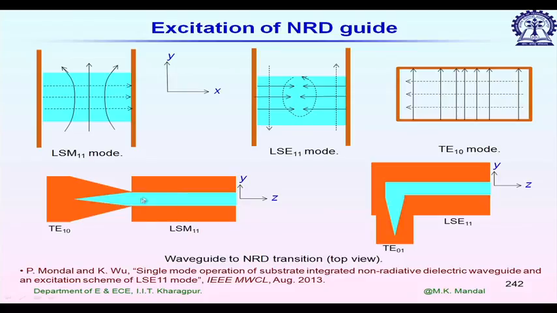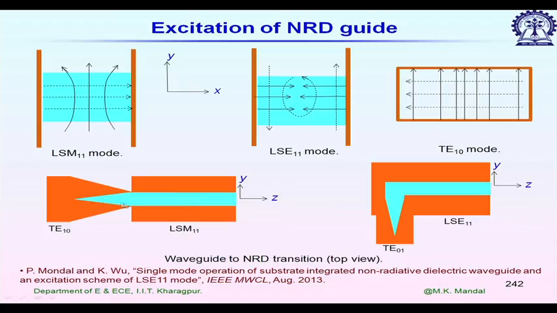This shows the top view actually; I am showing a cutaway view. You see the LSM11 mode will have electric field component parallel to the ground inside this, and then you have to turn this rectangular waveguide to have the electric field of TE10 mode in the same direction. We do not have any problem due to field matching.